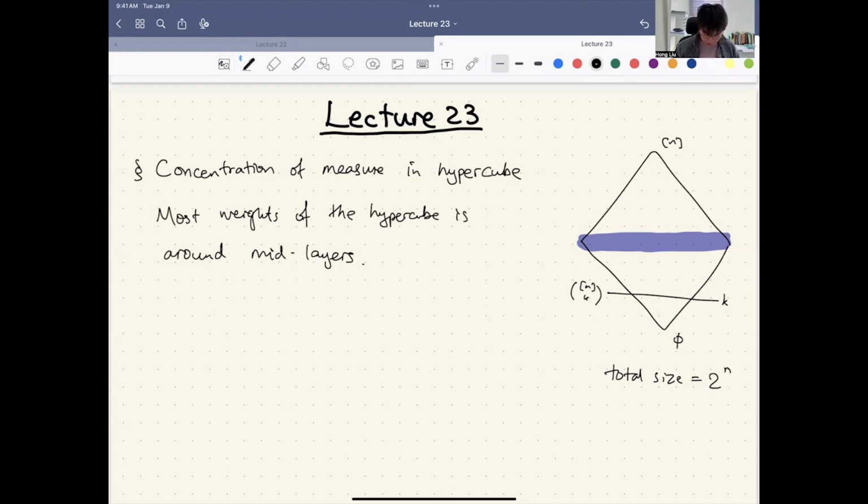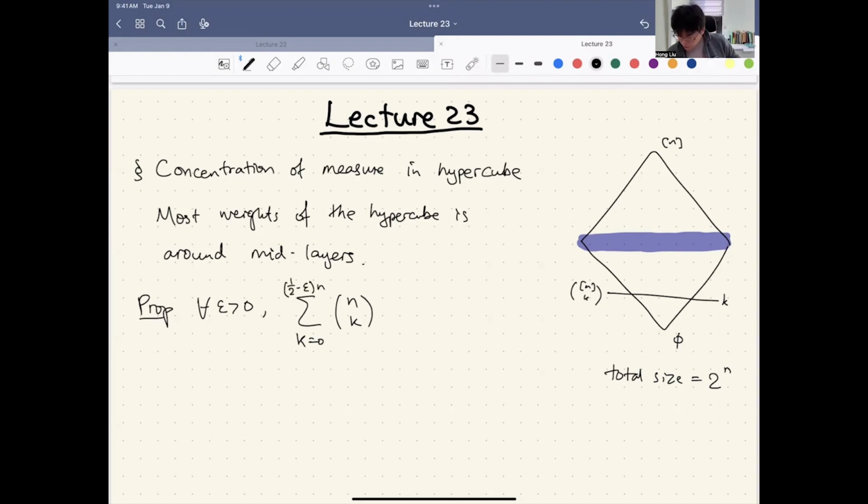Here's the corollary, the lemma or proposition, maybe. For any epsilon bigger than 0, we have the sum of n choose k, where k goes from the bottom, 0 being the empty set, all the way to (1/2 minus epsilon) n.